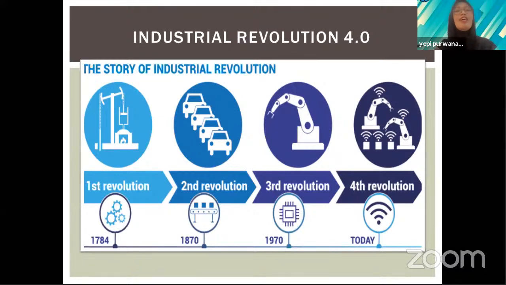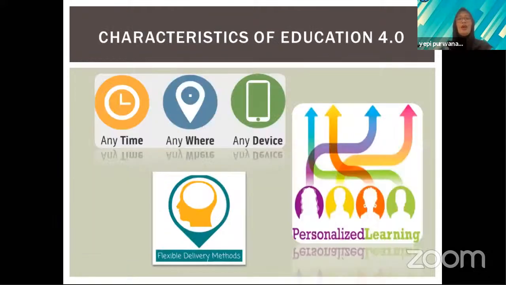That's why the orientation of the Industrial Revolution 4.0 is how we use the system or physical system in our daily activities. So ladies and gentlemen, after we know the characteristic of the Industrial Revolution, now we need to know about the characteristic of education in the era 4.0.